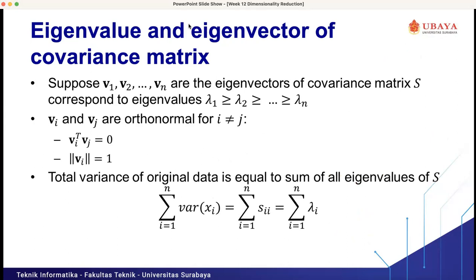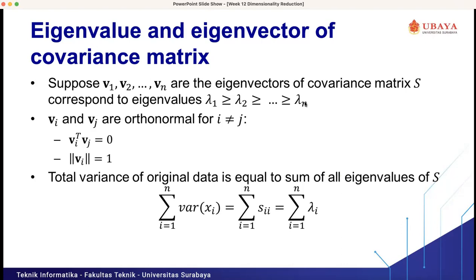Okay. So we have the eigenvalues and eigenvectors of the covariance matrix. After we get the eigenvalues and the eigenvectors that correspond to them, for example, suppose V1, V2, and Vn are the eigenvectors of the covariance matrix S corresponding to eigenvalues where lambda 1 is greater than or equal to lambda 2, greater than or equal to lambda n.